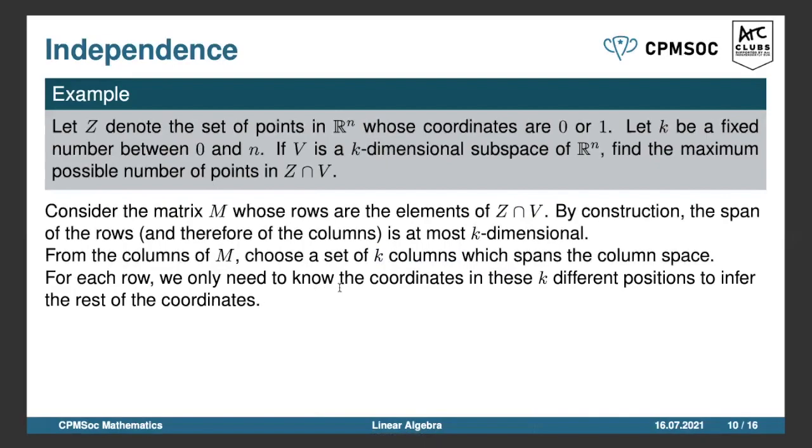So if you think about each row, we have some matrix, so we have entries here.